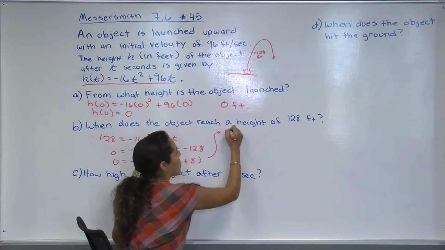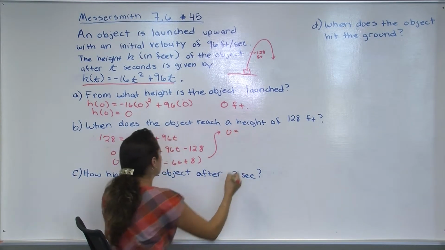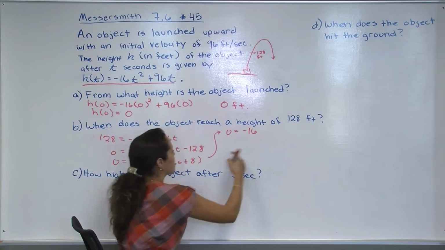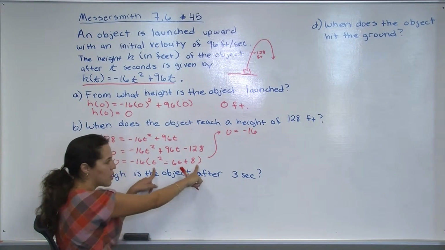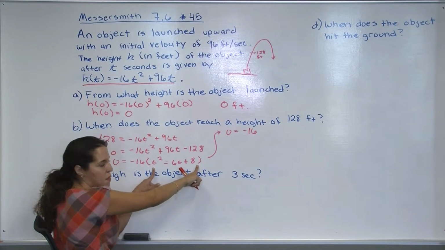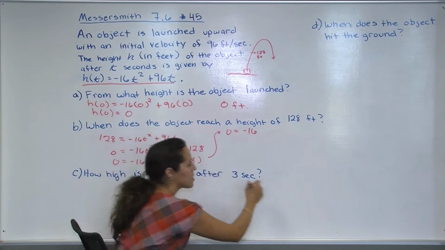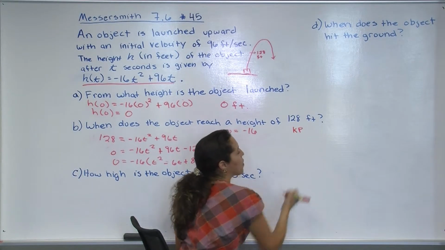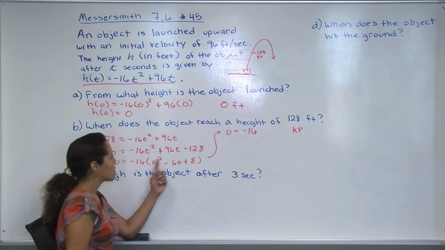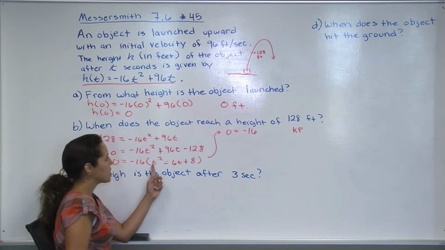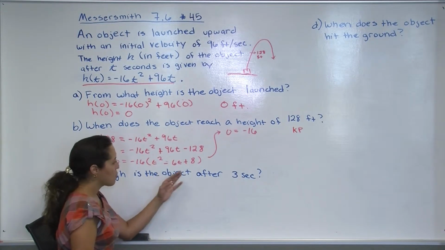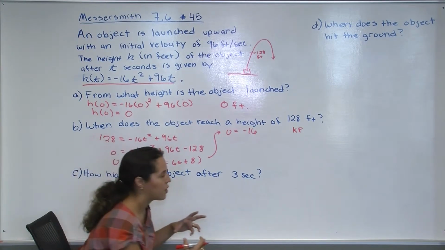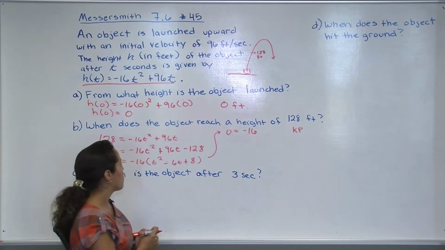So I'm going to have 0 is equal to negative 16. And we're factoring this trinomial here, and we can use what's called the key product key sum method. And that just simply means finding the key product of the trinomial that you're trying to factor, which is found by multiplying the coefficient of the first term and the coefficient of the last term of the polynomial inside the parentheses.